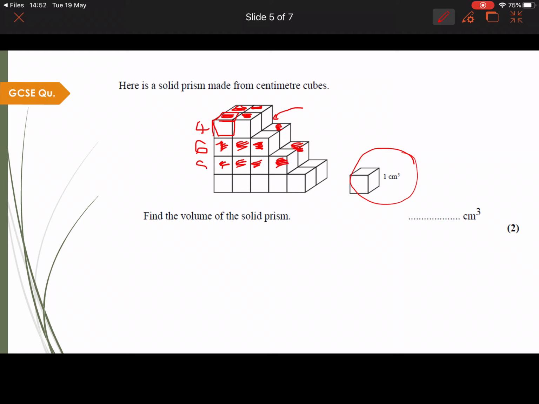So I have 8 on this row, and finally I have the same 8 underneath from above plus the extra 2 here, giving me 10. Now I need to add these numbers if I'm going to get the total volume. So 10 plus 8 is 18, 18 plus 6 is 24, and 24 plus 4 is 28. So my answer here is 28 centimetres cubed.